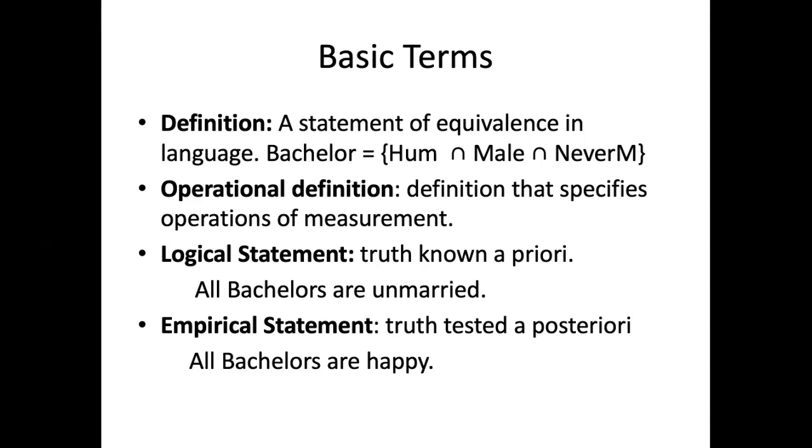The word a priori means in advance, in advance of having to make any observations of the world. You don't need to do a survey to find out if some bachelors might be married. If I were to say all bachelors are married, what kind of statement is that?